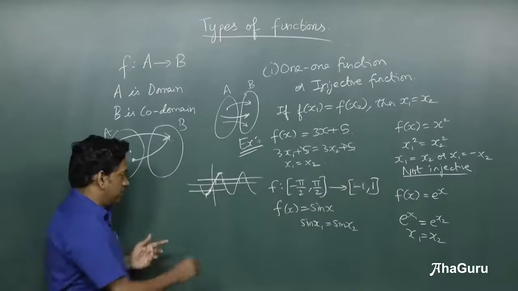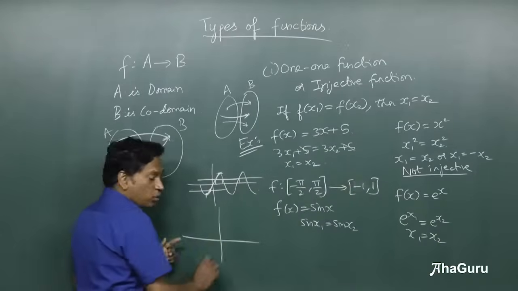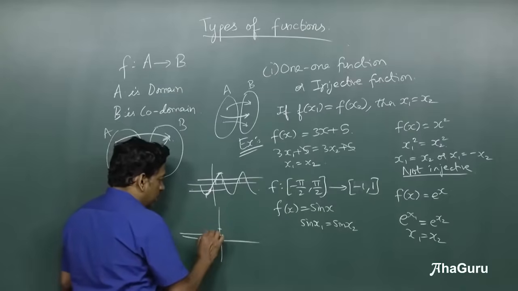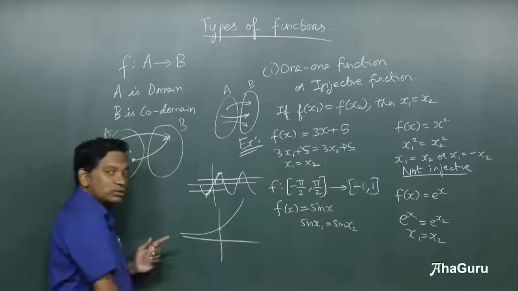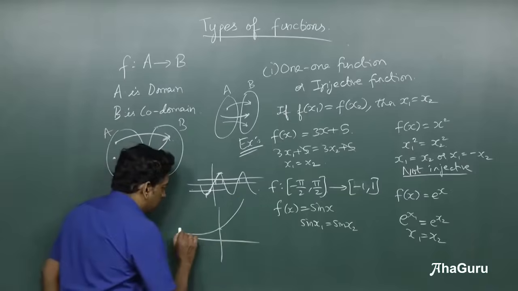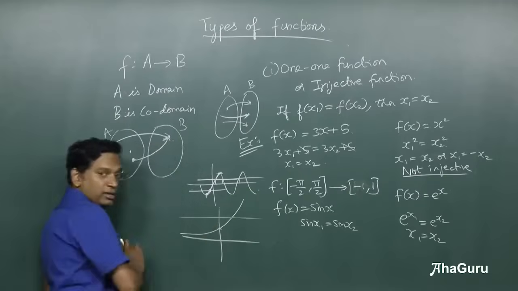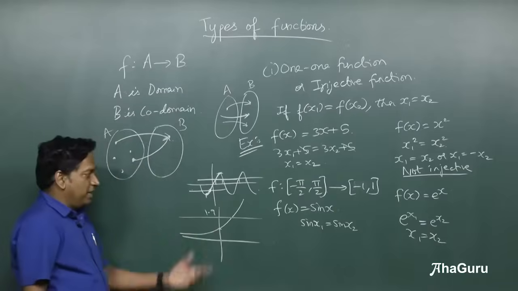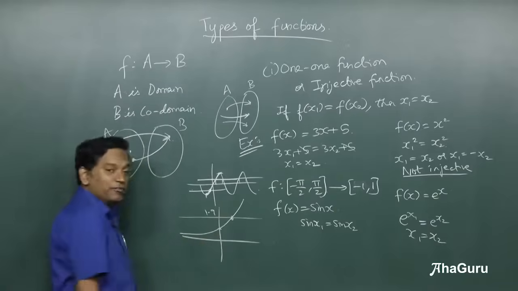Again, we can draw the graph of e power x. At 0 it is 1 and then it goes like this. If you take any line parallel to the y-axis, suppose I draw a line here, let's say this is some 1.9. I want to find e power x is equal to 1.9, there is only one value.